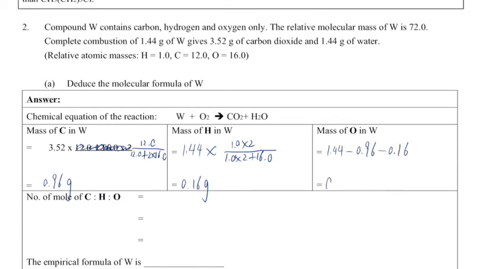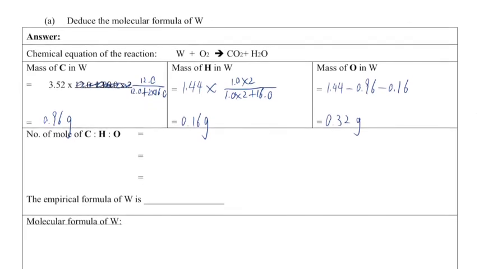That will give us 0.32 gram. Now that we have the mass for all 3 elements, we can work out the number of moles and compare them to work out the mole ratio.